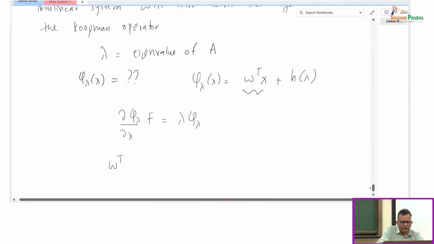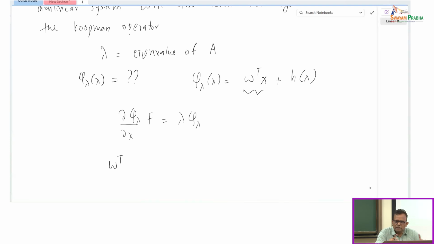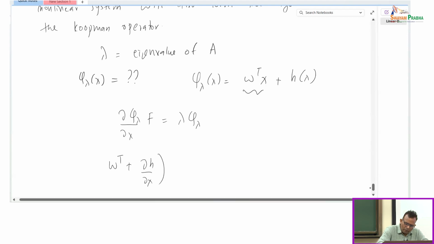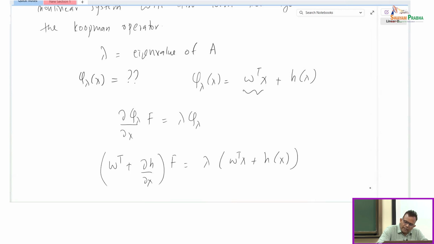This partial phi lambda partial x is a row matrix and F is a column, so this is a dot product and you get a scalar. Left hand side is scalar, right hand side is scalar. So for the linear part you get W transpose, and then this times F equals lambda W transpose x plus H of x. So H of x is purely nonlinear.